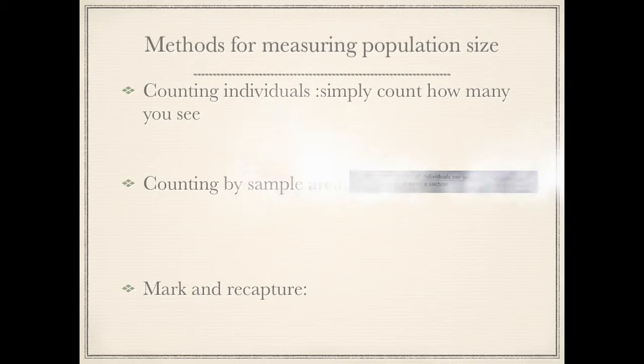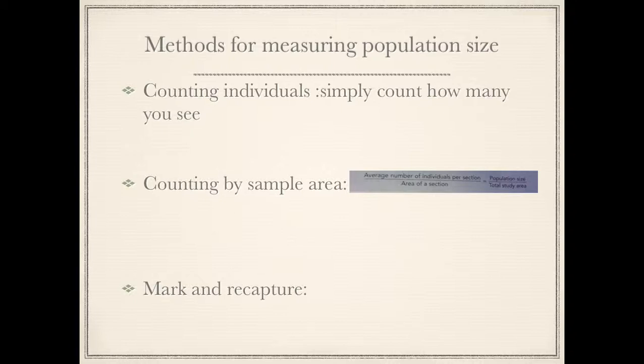And there are formulas for these. So counting by sample area is a simple equation where you would end up doing some sort of cross multiplication. You would know the number of individuals in a given section of that total area, and you would make that equal to the population size divided by your total area, the area you're really looking for, and you would cross multiply.